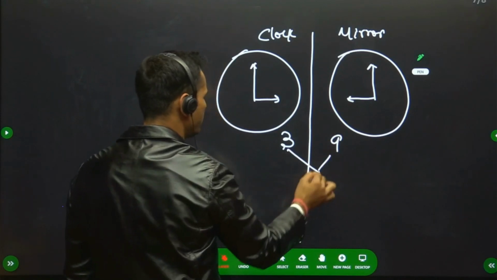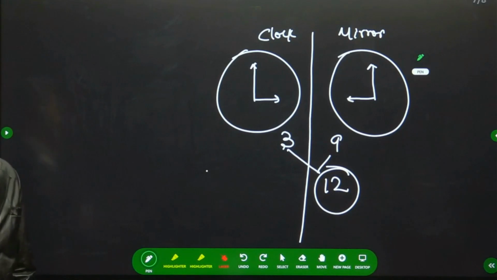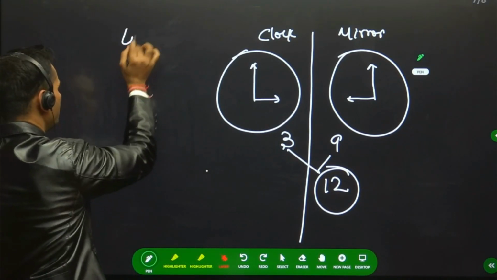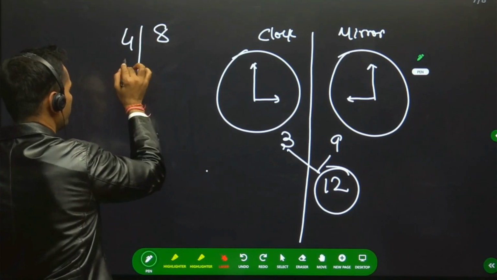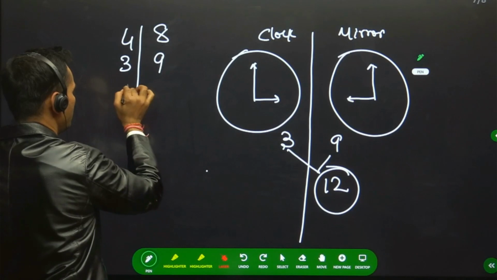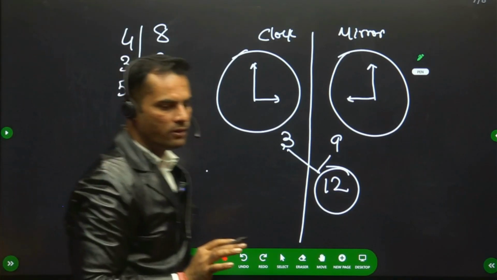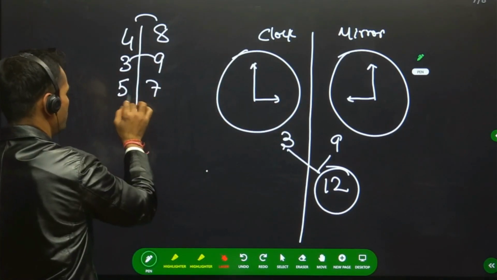The sum of the times is 12. This is the logic. If the time in the clock is 4, the time in the mirror will be 8. If it's 5, it's 7. So this is how we check for mirror image. 4 plus 8 makes 12. 3 plus 9 makes 12. 5 plus 7 makes 12.